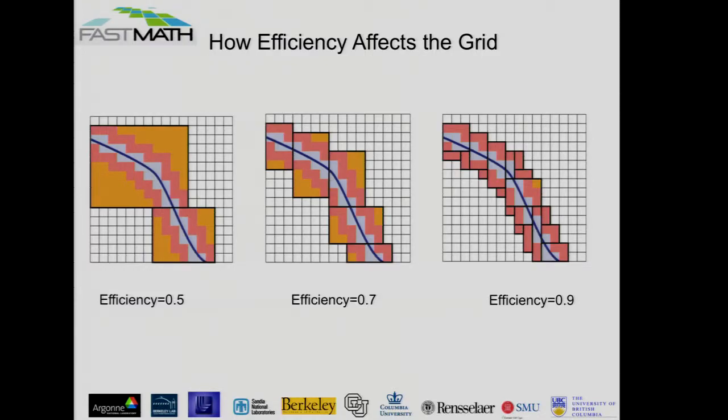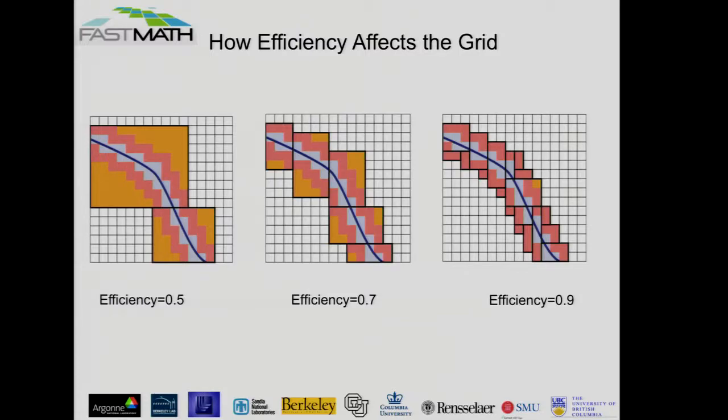One of the parameters that you can apply to your refinement is the efficiency. And the trade-off is, when you apply lower efficiency, you have more refinement, more of the domain getting refined into a level. And if you define a higher efficiency, you really get your refinement very close to where your structures are.